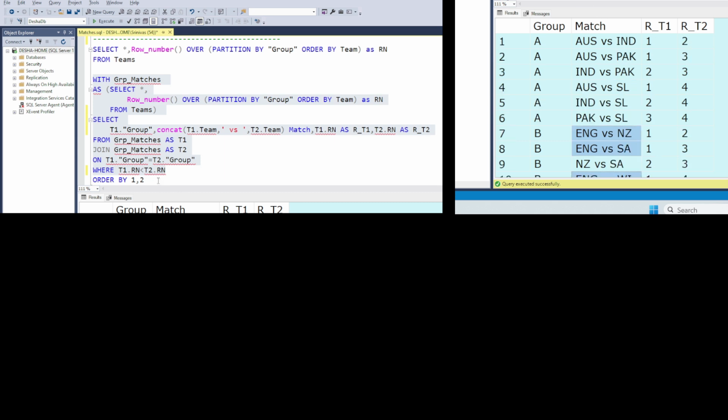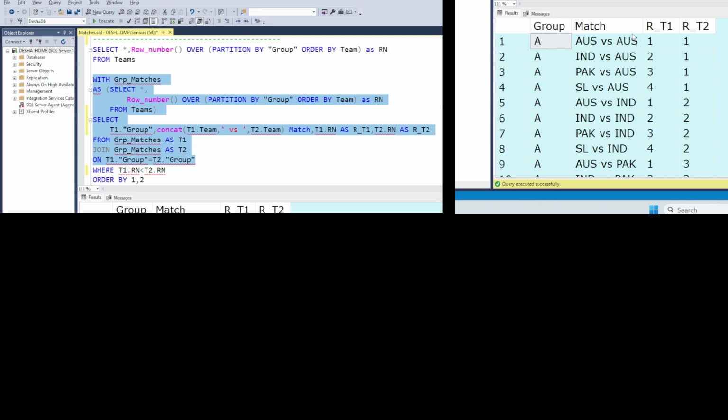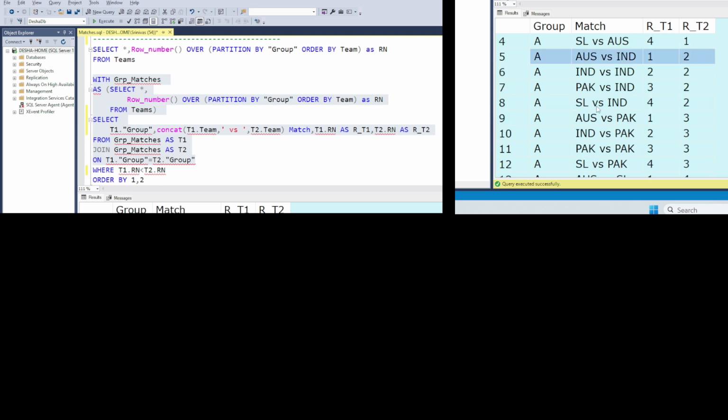So here, when I execute this and show you, this was not expected, and India playing India is also not expected.